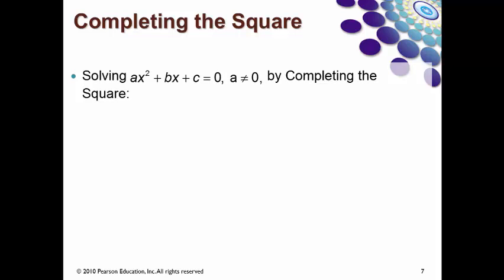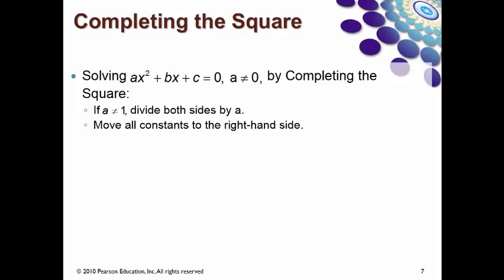So when we're trying to solve this type of equation, ax squared plus bx plus c equals 0, where a is not 0, by completing the square, we will divide both sides by a if a is not 1. Then we'll move our constants to the right side of the equation.